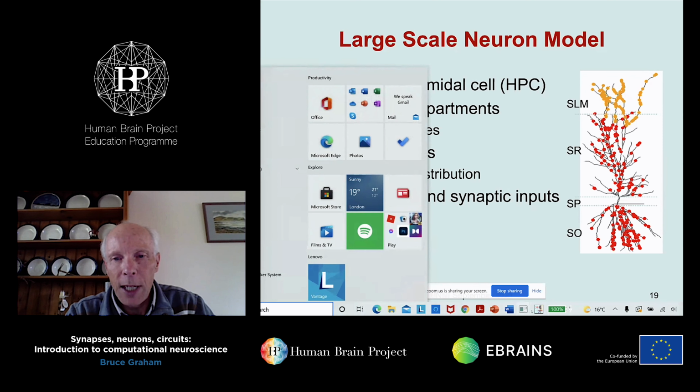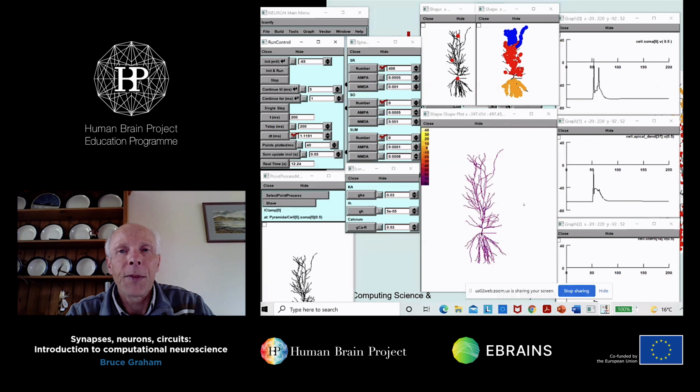Just to get back to the initial simulation I showed, one thing we can do with simulations that we can't do well experimentally is to actually control the distribution of our ion channels in the membrane across the cell, and the density or maximum conductance of those ion channels as well.